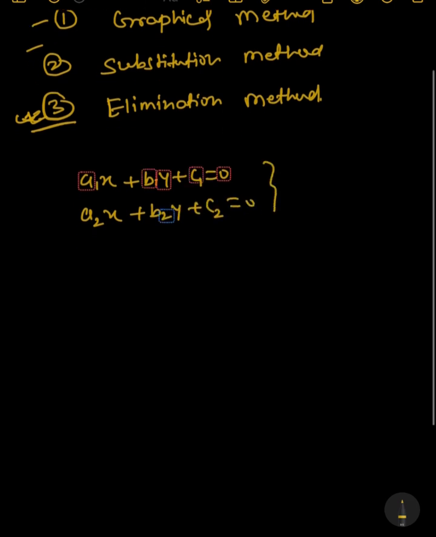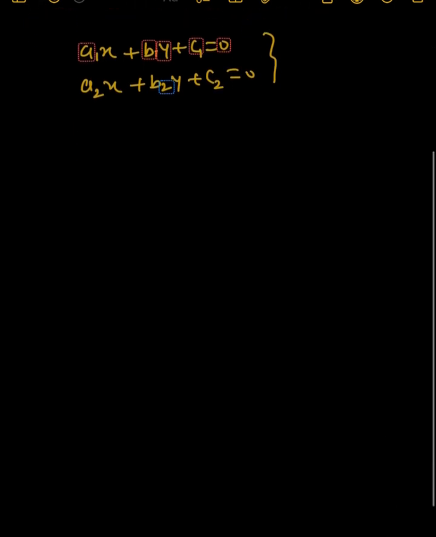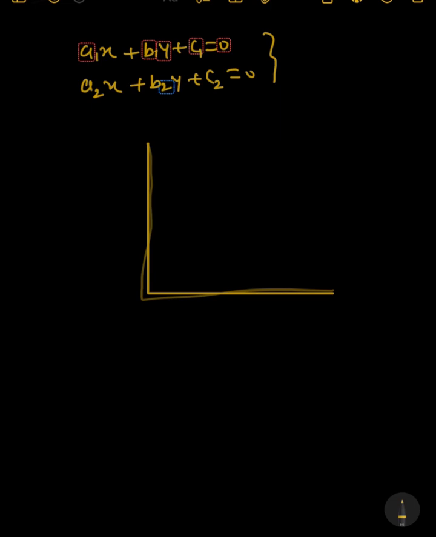These two system equations are given. Then I have to plot a line according to this. This is why it is called a linear equation. Why is this called linear? Because the highest power of any variable is how much? 1. So this is linear.